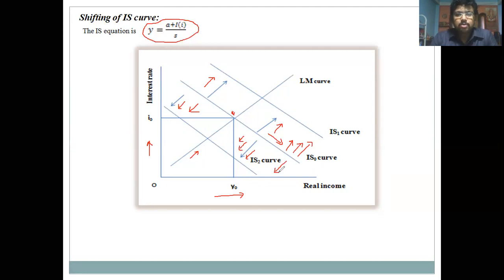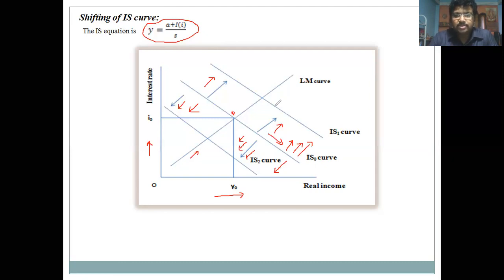So, on the basis of this equation, I have told all these factors that are responsible for shifting of the IS curve.